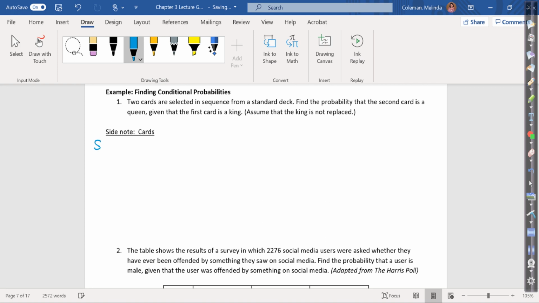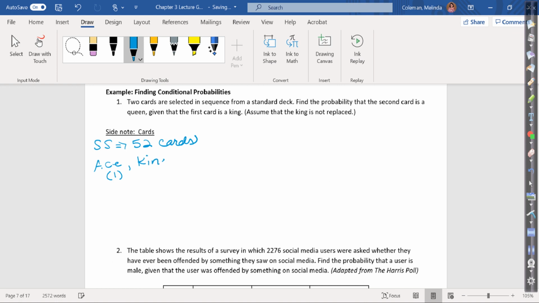So your sample space includes 52 cards. There are 52 cards in a deck. There are cards that look like an ace, or sometimes a 1.